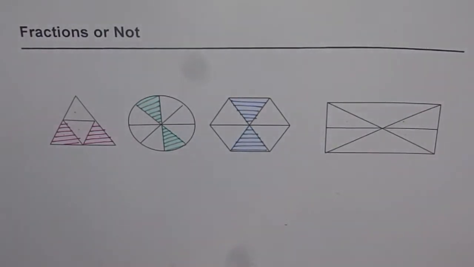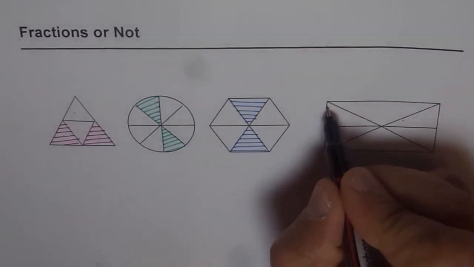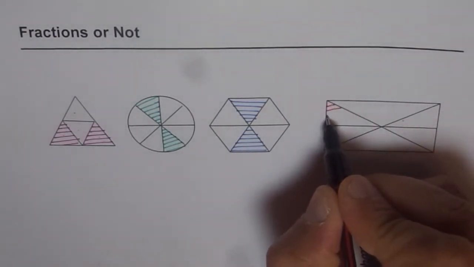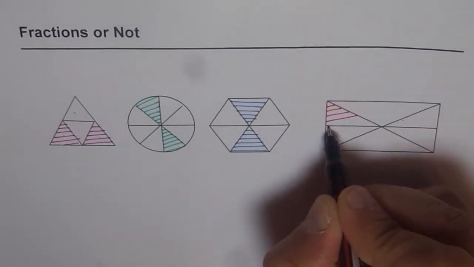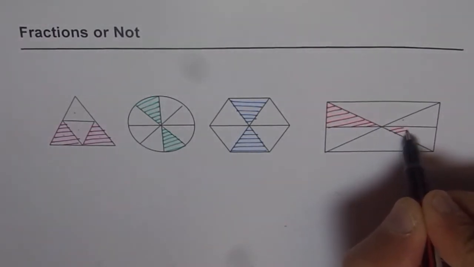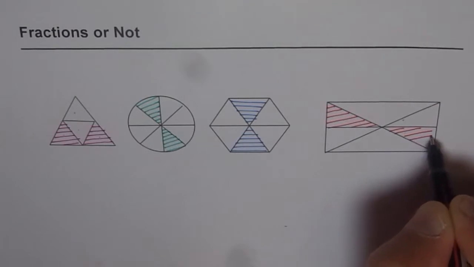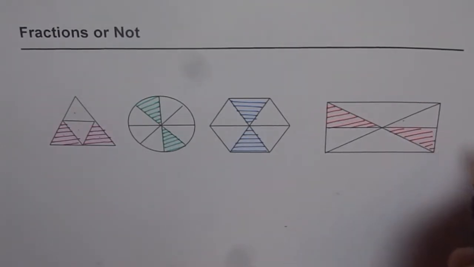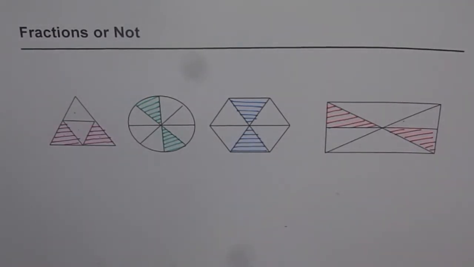Now in the rectangle, let me select any two. So which ones? Let's say these diagonally opposite ones. You need to write down in fractions what portion has been shaded, okay? That is your job. Now once you do that, then check answers with me.